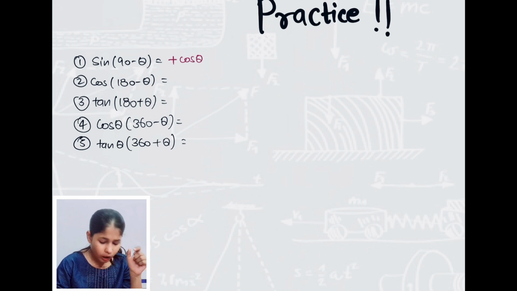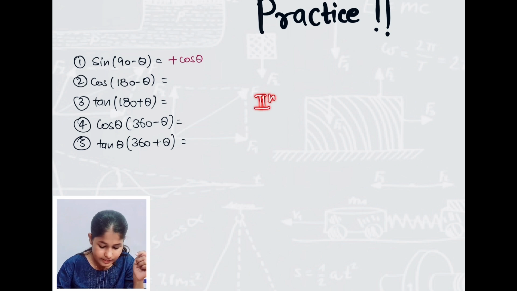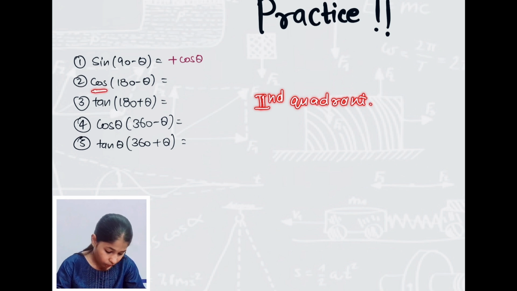Cos 180 minus theta. What is 180? Recall it. Less than 180 degrees and more than 90 degrees. It means that the angle is in the second quadrant. And what is given? Cos. In the second quadrant, which ratios are allowed to be positive only? Sin theta and cosec theta.